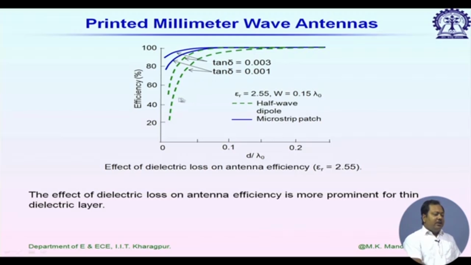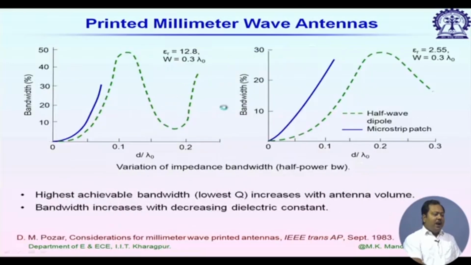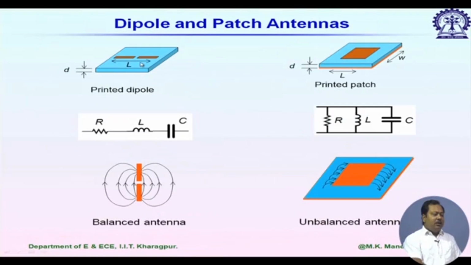And the effect is more prominent for half wave dipole. Why? If I go back and look at the structure, the half wave dipole is radiating in upward direction as well as in bottom side, and it has to radiate through the substrate. So, that is why the effect of dielectric loss is more prominent for dipole antenna.